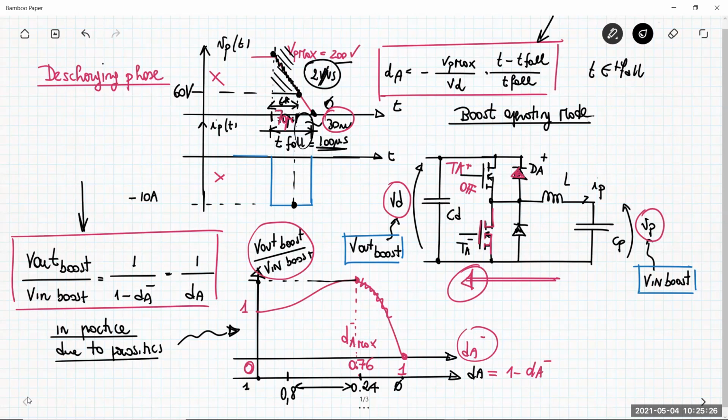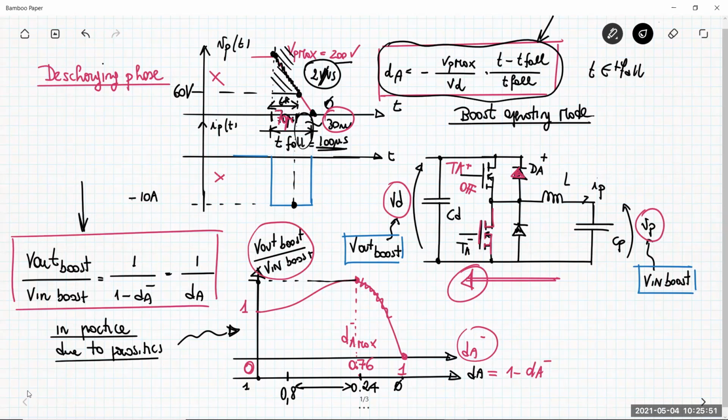From this expression, which describes the variation of the duty cycle during T fall, for example, when T is equal to T fall, the duty cycle is 0, and when T is 0, the duty cycle is 0.8. So this equation describes the variation of the duty cycle during T fall.